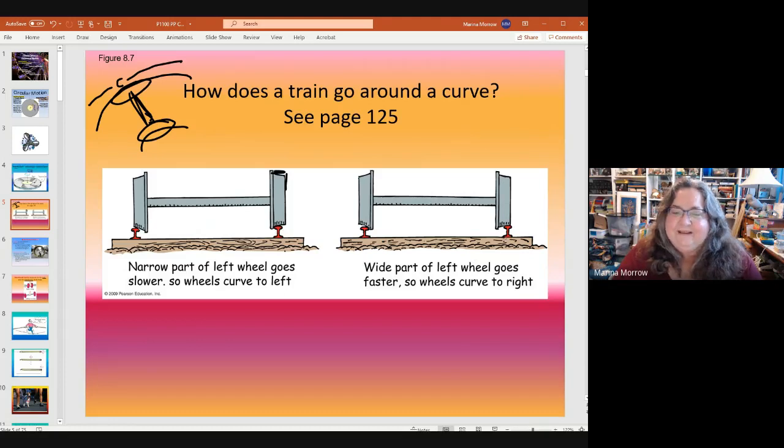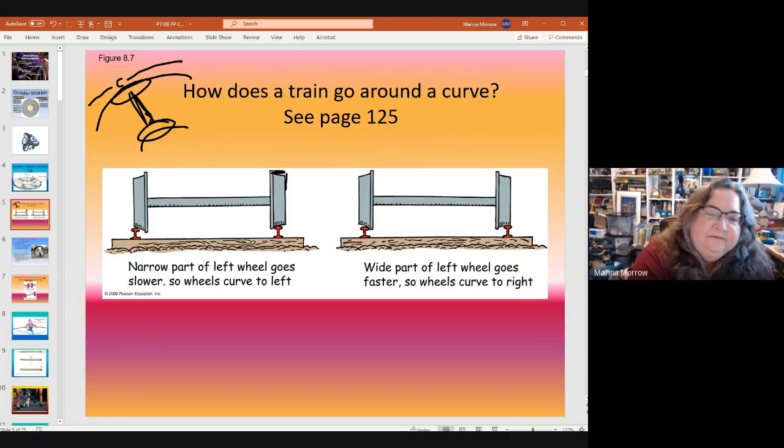And so the wheels will have one part, in this case the left wheel, on a smaller circumference part of the hub of the wheel, and the right wheel on a larger circumference.